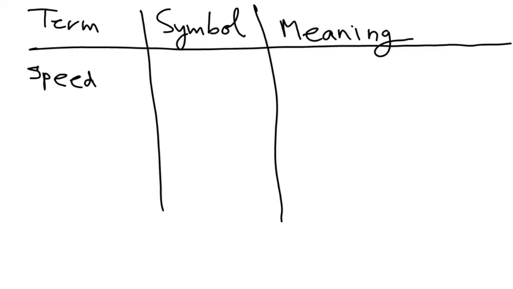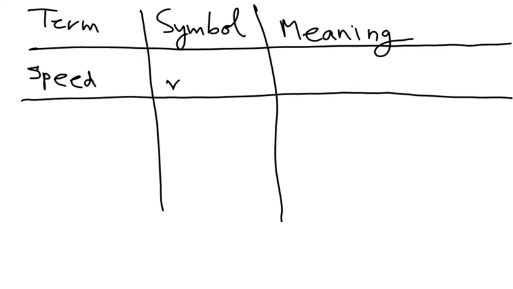The next term is speed. The symbol for speed is V, but we have to be careful because V actually means the next term, which is velocity. We have speed and velocity, and you might think they're the same thing. They're basically how fast something's going, and they have the same symbol.